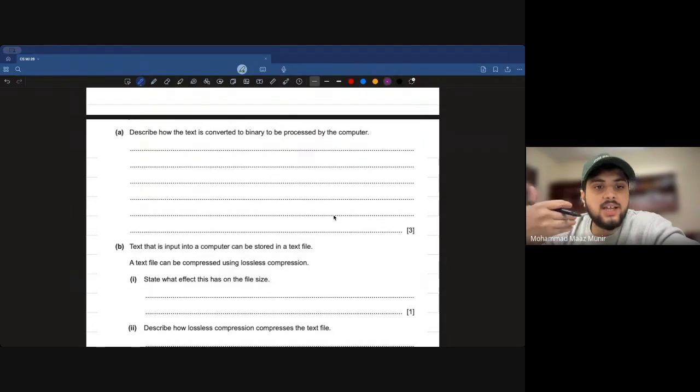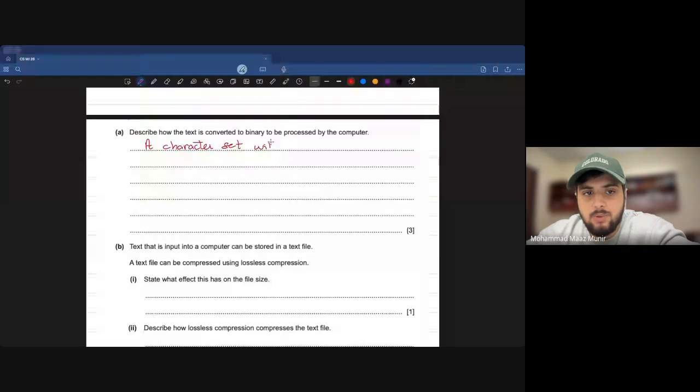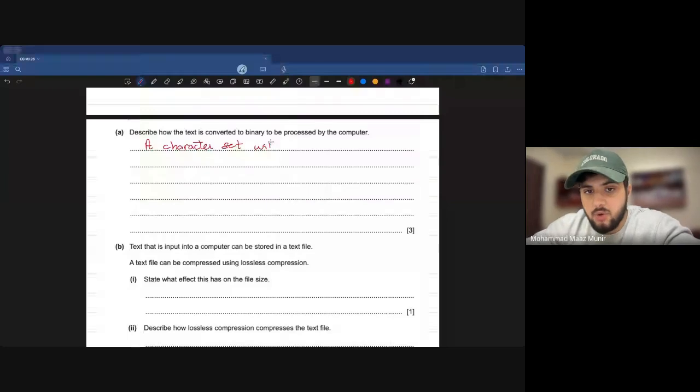So we're going to say that a character set would be used, and we have to then give an example like Unicode or maybe ASCII, and then each character within that set is basically having a unique binary value which allows it to have separate binary values for each of the digits. So I'm going to be writing like this: a character set will be used. You will get 1 mark for this.